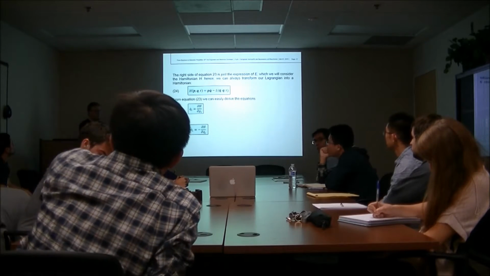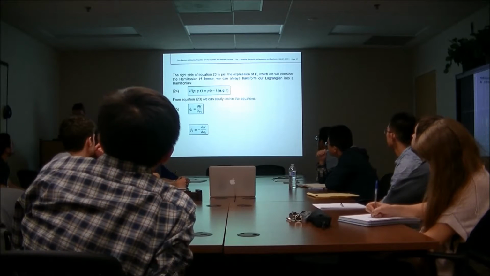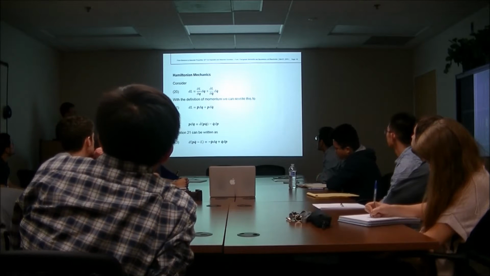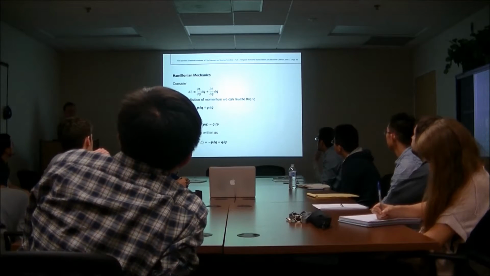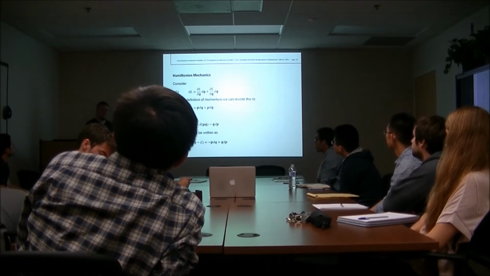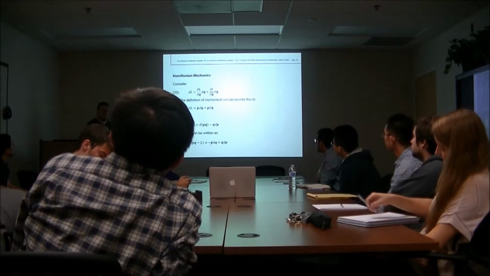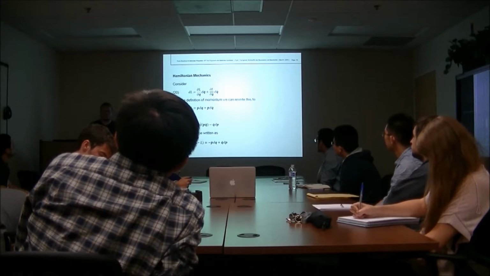But how did we get equation 24? I forgot from the previous slide, right? It's just a definition. We define the total energy as the Hamilton function. So we just say this is a total energy, and we just define this is Hamilton's function. Oh.